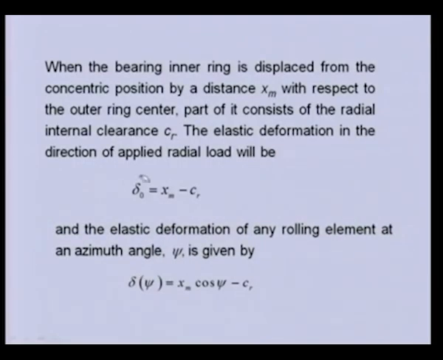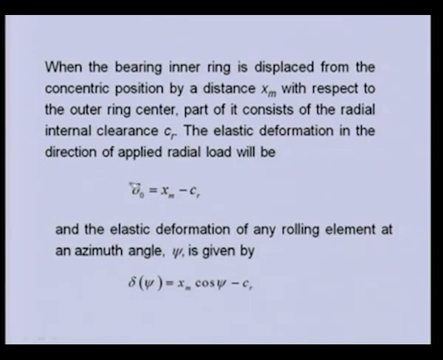So basically you can see that the actual deformation of the ball will be the displacement of the inner ring with respect to the outer ring minus the clearance, because the clearance we cannot define as a deformation. So displacement of the inner ring with respect to outer ring center minus clearance will be the deformation.